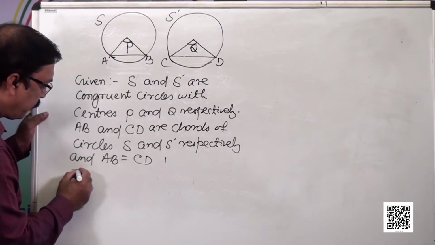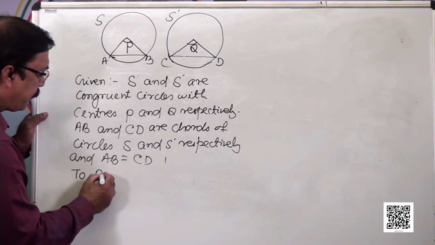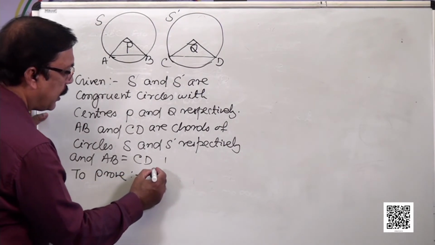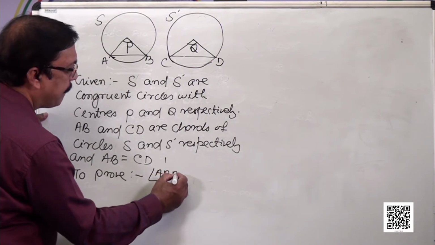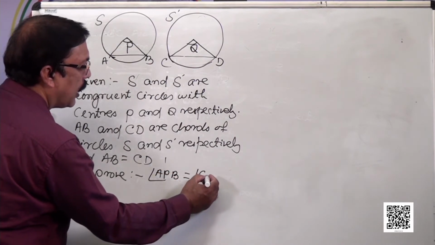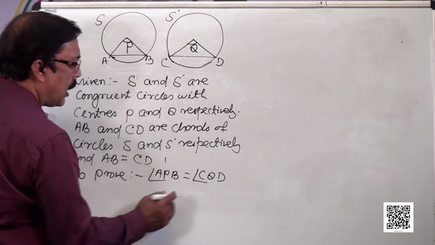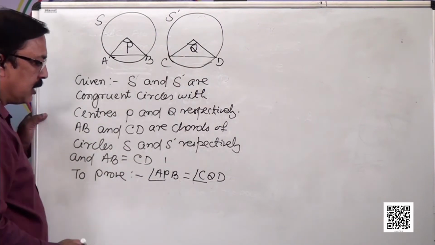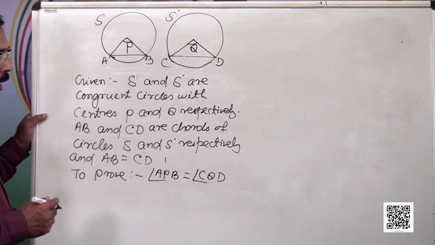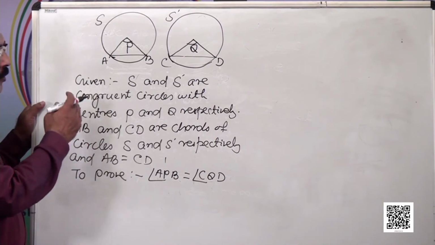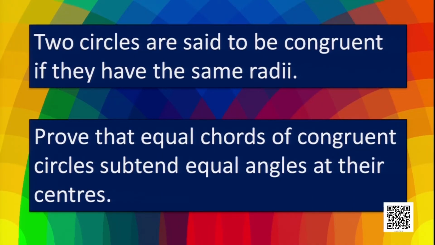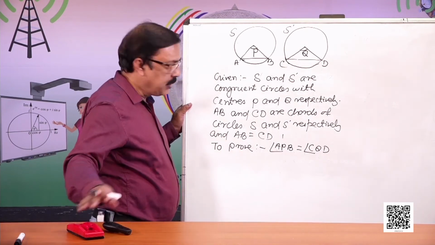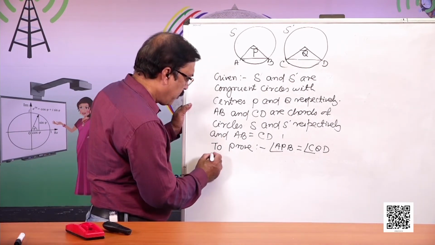So we have to prove angle APB is equal to angle CQD, as these two are angles subtended by AB and CD respectively. Now we have to prove, as in the previous theorem we discussed. Let's start with the proof.